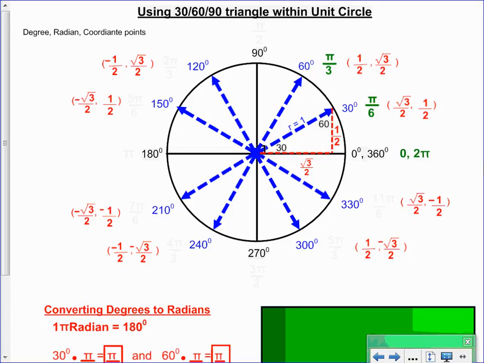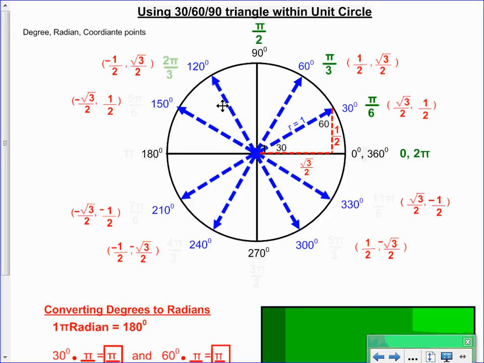So if you count every 30 as pi over 6, you're good. For example, this is 0 pi over 6, 1 pi over 6, 2 pi over 6, 3 pi over 6. True? Because 3 over 6 reduces down to 1/2.